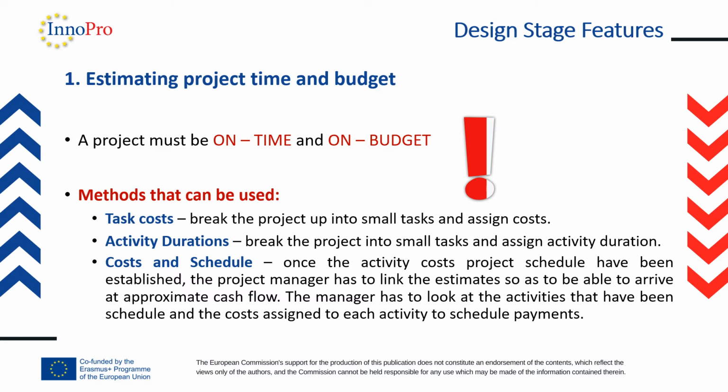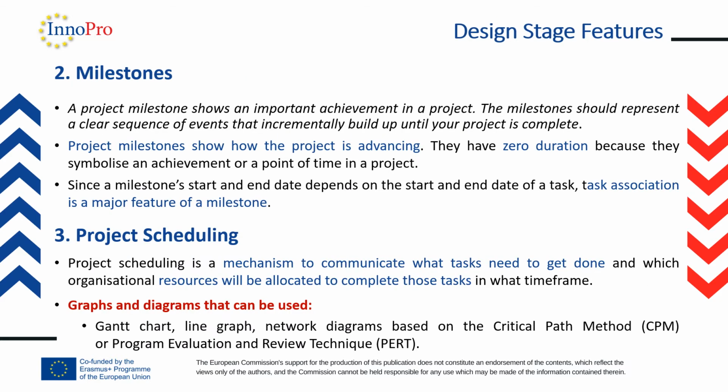So the manager has to look at the activities that have been scheduled and the cost assigned to each activity to schedule the payments. So it's also a very important beginning phase. Then another sub-stage or feature of project design is the identification and definition of milestones.